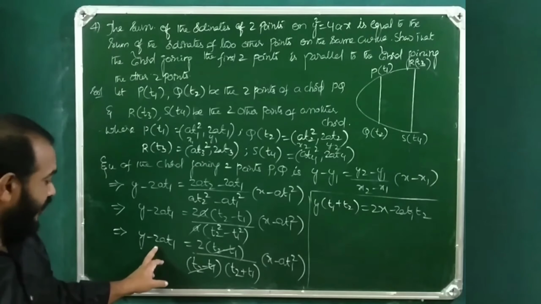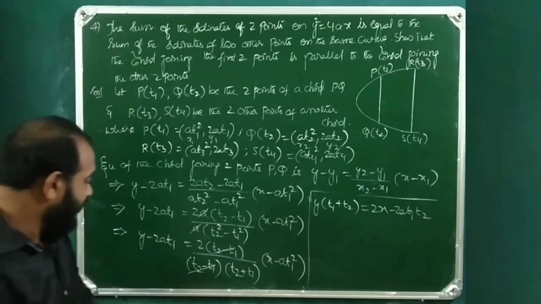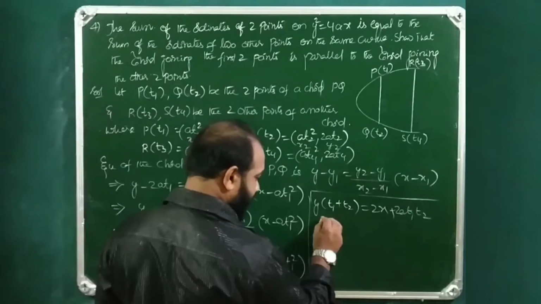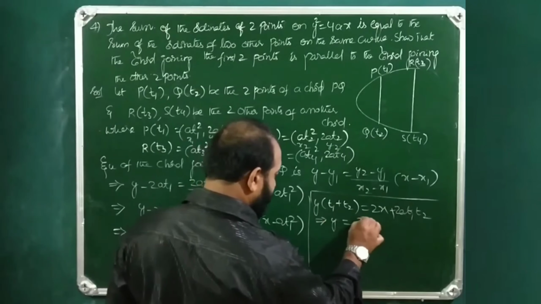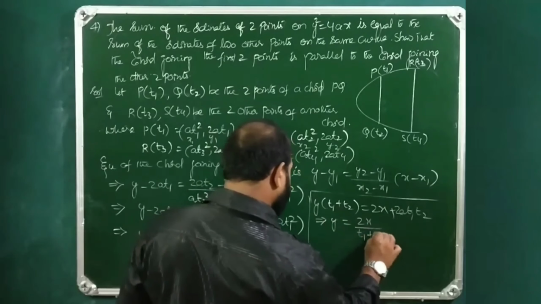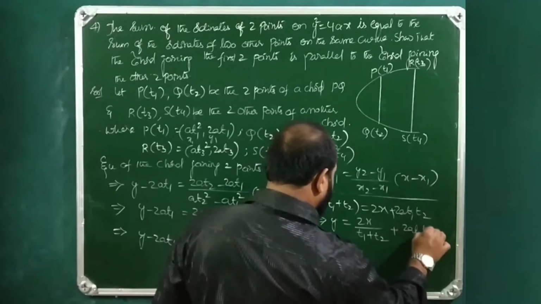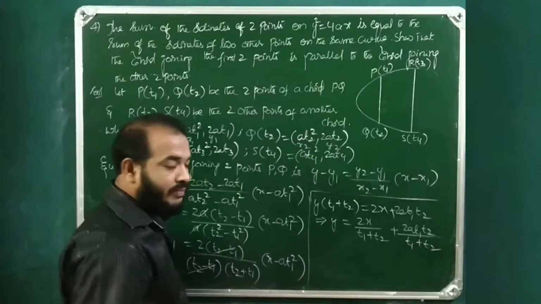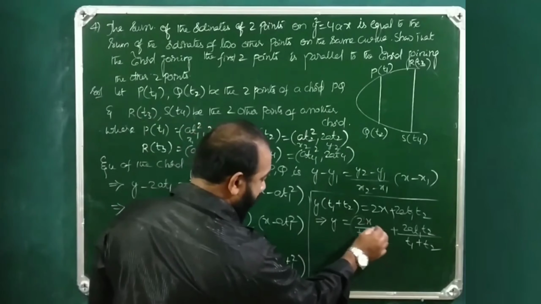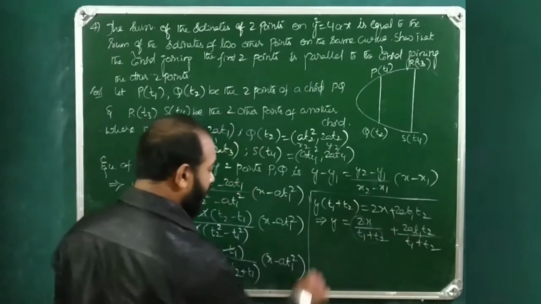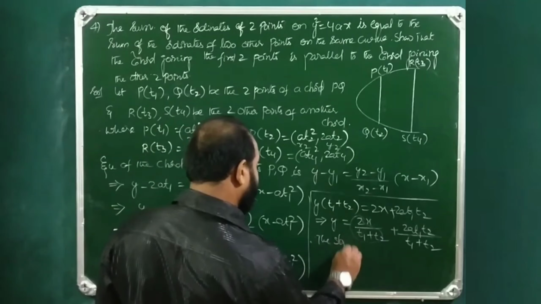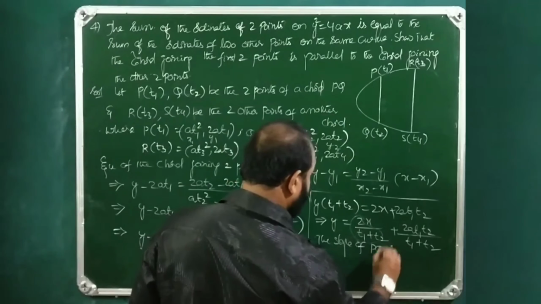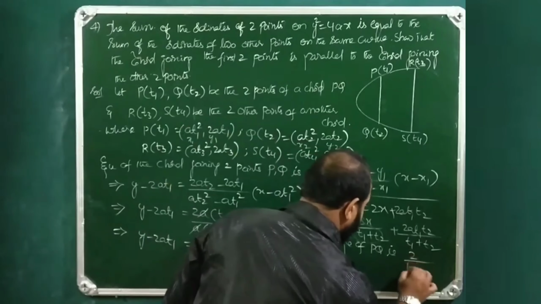Here minus 2a t1 t2, this is plus 2a t1 t2 we got. So therefore, y is equals to 2x by t1 plus t2 plus 2a t1 t2 by t1 plus t2. So this is the form y is equals to mx plus c. Therefore, the slope of PQ is how much? 2 by t1 plus t2.